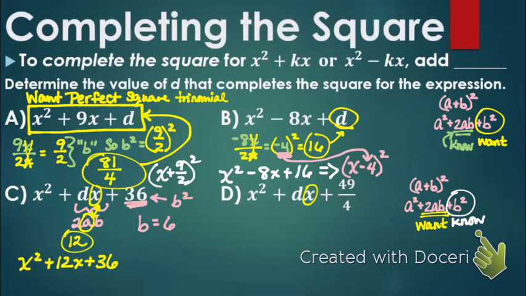How would x squared plus 12x plus 36 factor? X plus 6, x plus 6, or x plus 6 quantity squared. Remember, our goal is to get that squared binomial. That's what we're trying to create. That's the whole idea of completing the square. We need this other value in order to make it complete, and then we have a squared binomial.